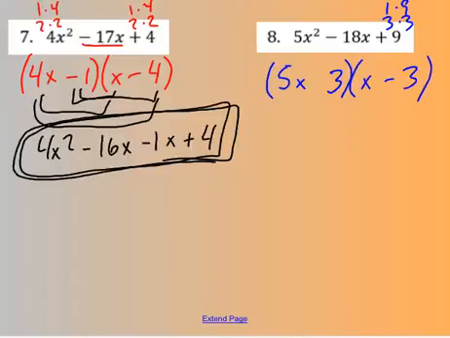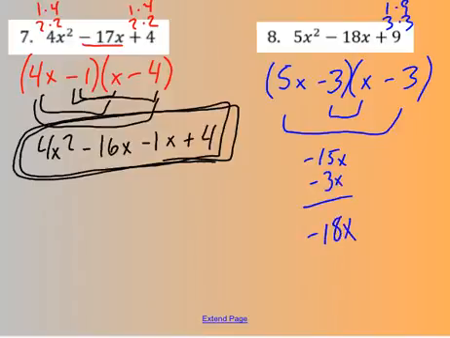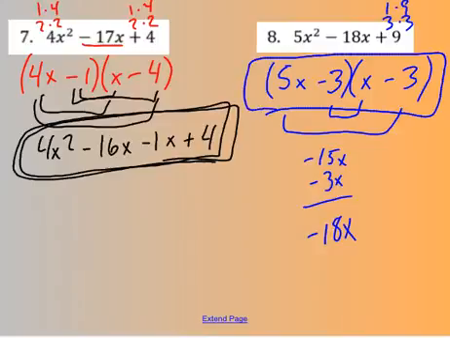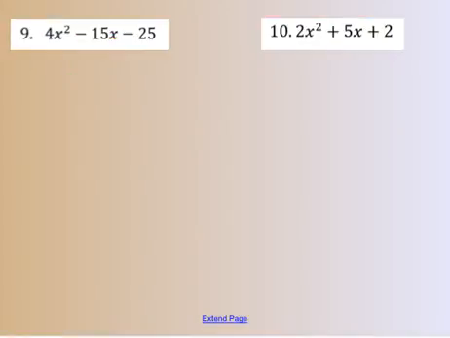Yep. Minus, minus. So I'd have 5x. If I did the outsides, I'd have minus 15x, and the insides would give me another minus 3x, for negative 18x. So I believe that this is correct. Minus 3 times minus 3 is a positive 9. So notice you can check it just here by multiplying the outsides and insides.